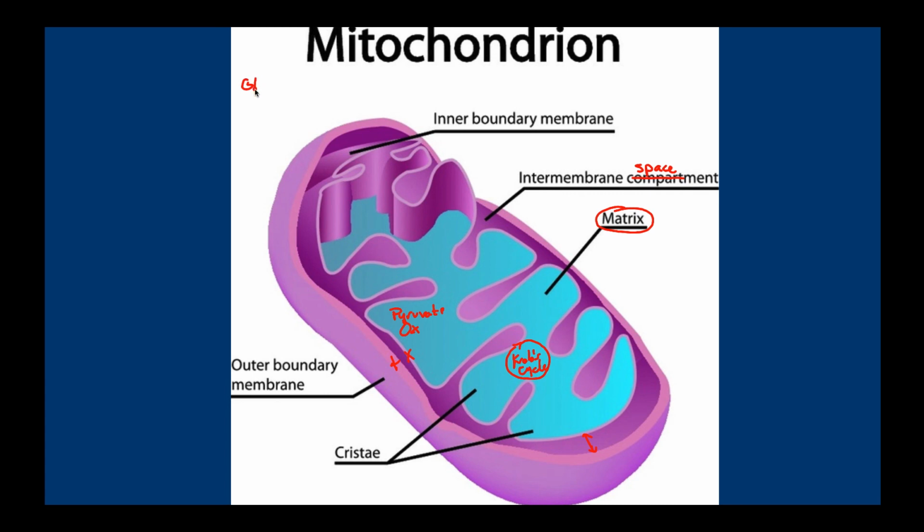Remember, glycolysis happens out in the cytoplasm of the cell, and then when it produces the pyruvate, the pyruvates then get transferred across the mitochondrial membranes and into the mitochondrial matrix for pyruvate oxidation, which then leads to the Krebs cycle.